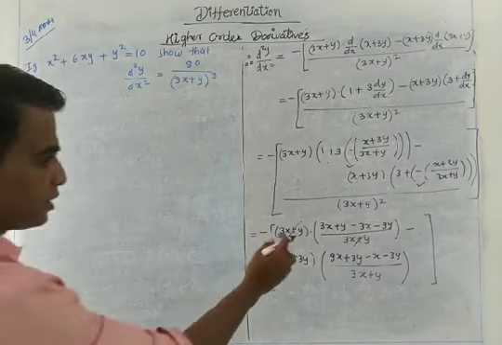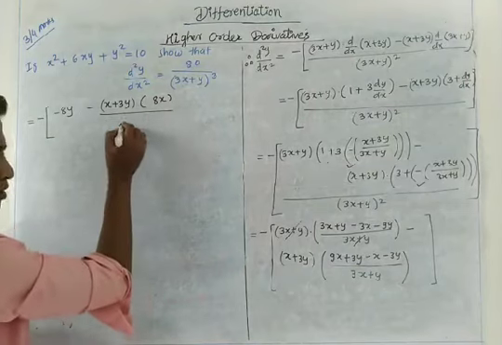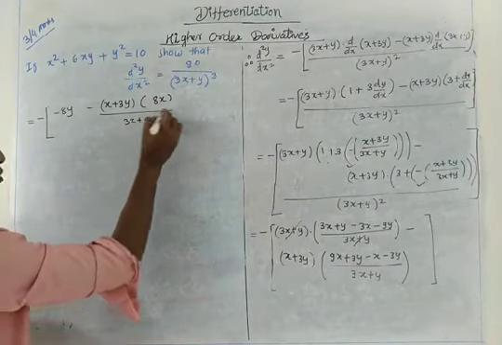Then 3x gets cancelled, and y minus 9y gives the remaining term: minus into bracket minus 8y, minus (x plus 3y) into bracket. Now 9x minus x is 8x, plus 3y minus 3y get cancelled, upon 3x plus y.